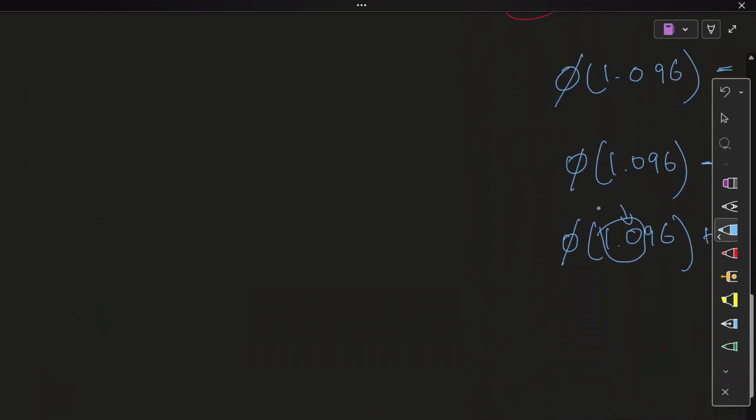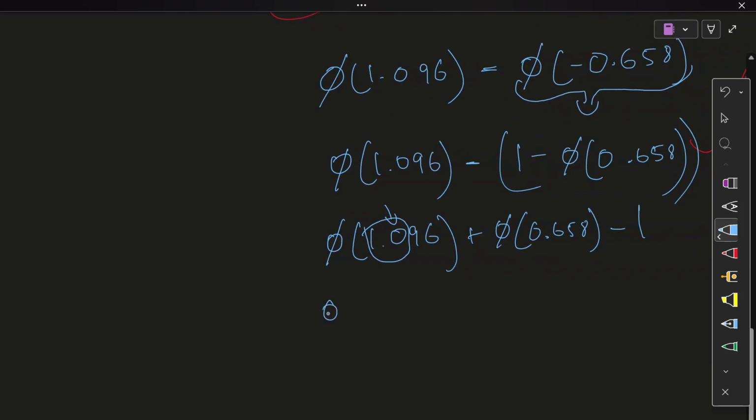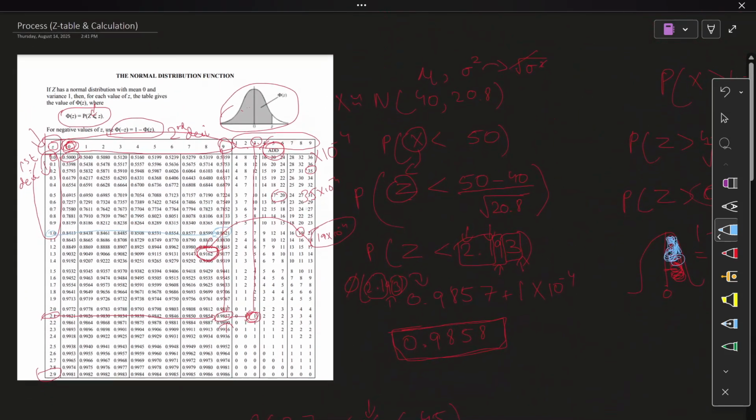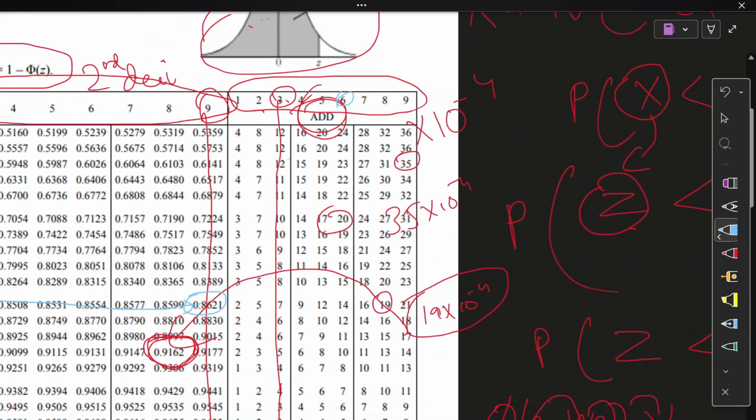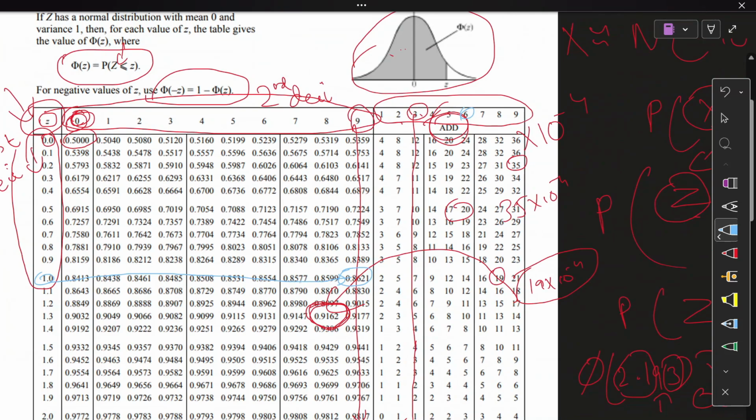So I'm getting 0.8621 plus, now these values have been read. The last decimal place is the add value. So look at the add value, it's 6 and it should coincide with this column. So 6 right here. It coincides. Yep. So 14 is the add value, and I've told you add value by the name you already know.